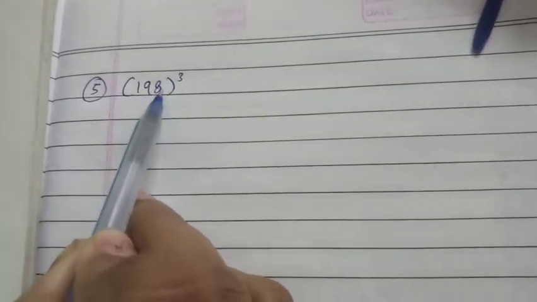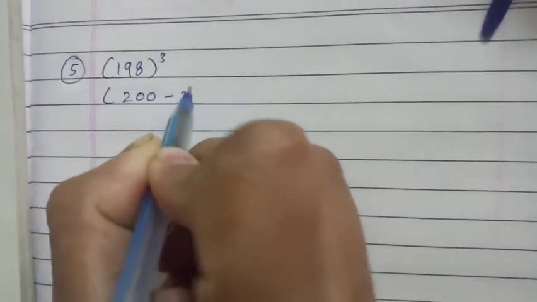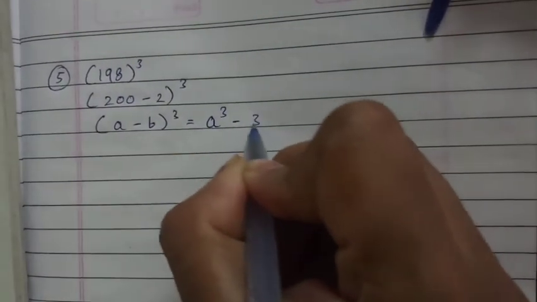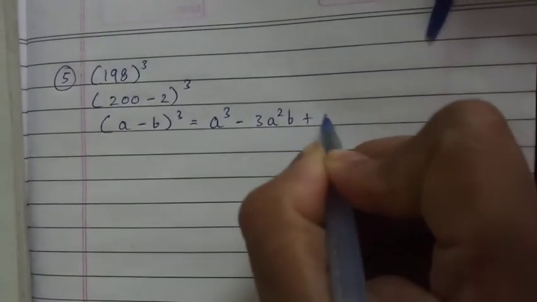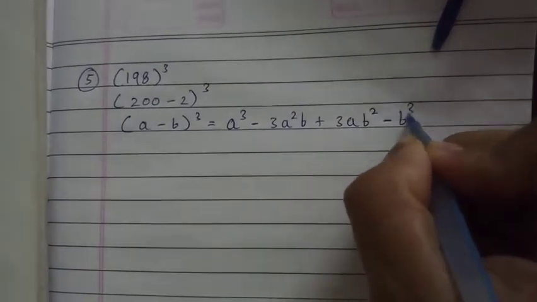Okay, now we will do the fifth problem, that is 198 cube. So we have to break it. We can write it as 200 minus 2. 200 minus 2 will be 198 whole cube. Now put your formula: a minus b whole cube is equal to a cube minus 3 a square b plus 3 a b square minus b cube.